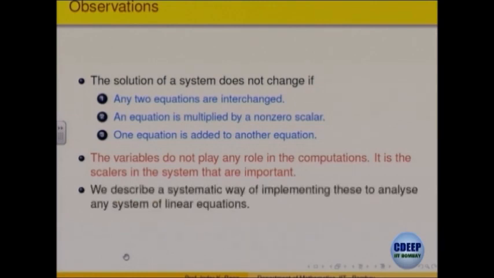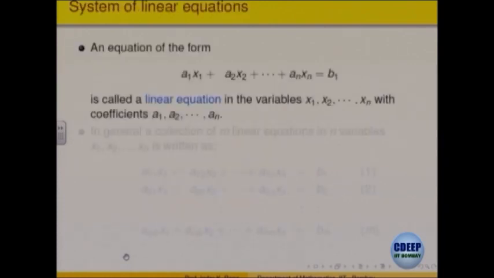So, let us try to describe this in an abstract setting; these are observations. We will define formally: an equation of the form a1x1 plus a2x2 plus dot dot dot plus anxn equal to b1 is called a linear equation in n variables x1, x2, up to xn. The number of variables is n, and there is only one equation.